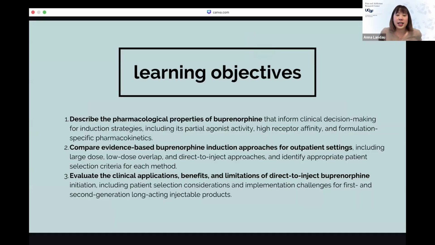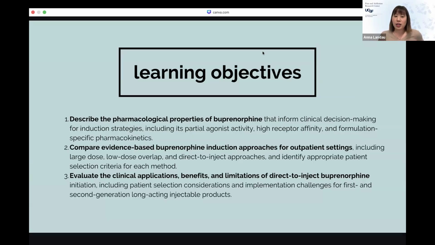Our learning objectives today are first to describe the pharmacologic properties of buprenorphine that inform clinical decision-making for induction strategies, including its partial agonist activity, its high receptor affinity, and pharmacokinetics that are very specific to each formulation. We will compare the evidence-based buprenorphine induction approaches for outpatient settings, where I work predominantly, including large dose, low dose overlap, and direct to inject approaches, and identify appropriate patient selection criteria for each of these methods.